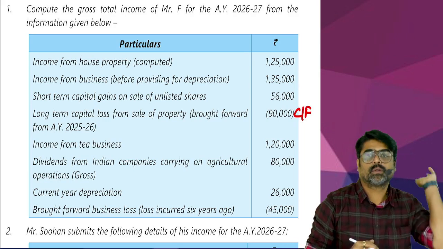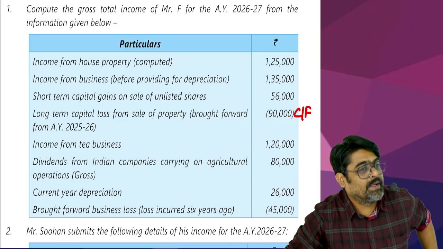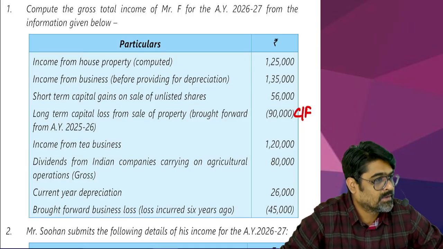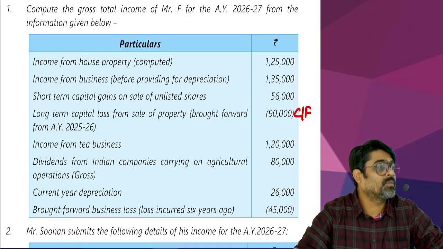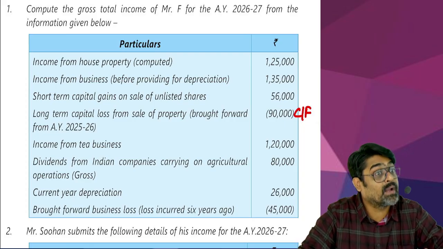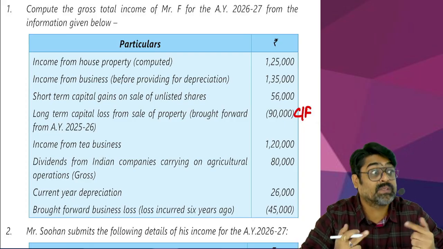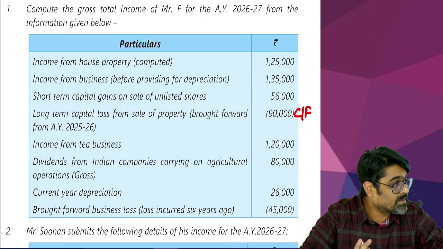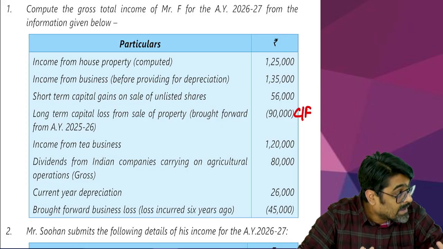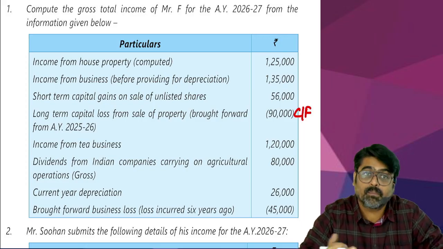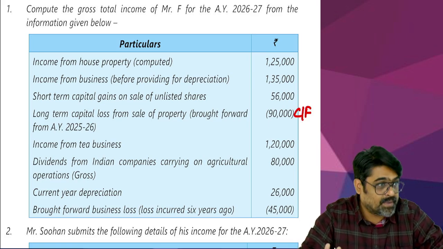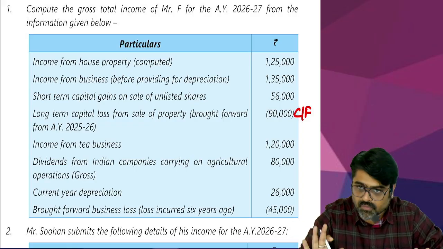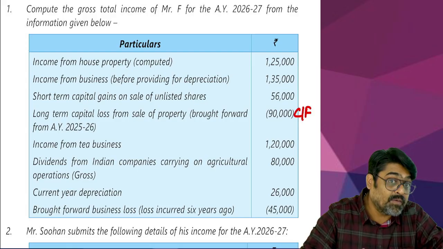Income from, do you remember, growing and manufacturing of tea, 40%, 60%. So if nothing is mentioned, we can assume that this tea business is growing and manufacturing tea. Assumption. Then accordingly, out of 1,20,000, 60% is agricultural income, fully exempt, and balance 40% is PGBP income. Yes or no? So we are taking that assumption that this is the final calculated profit of the business of growing and manufacturing tea.